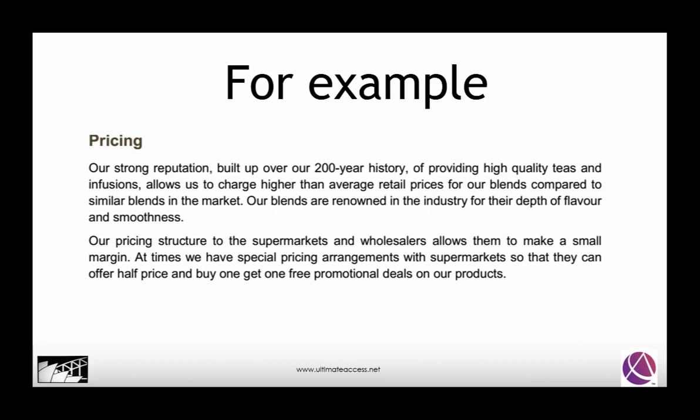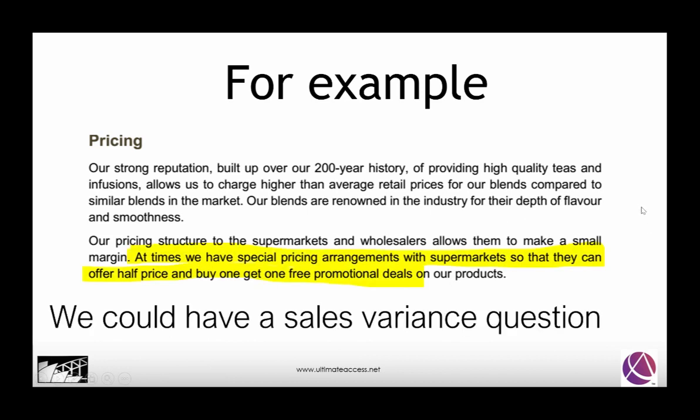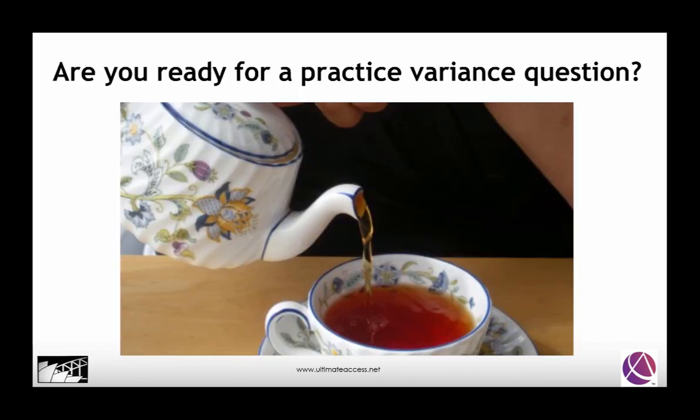At times, we have special pricing arrangements with supermarkets so that they can offer half price and buy one get one free promotional deals on our products. We could definitely have a sales variance question coming straight from that sentence. In fact, not even a whole sentence. I think that that's telling me to be on my guard and ready for a sales variance question.